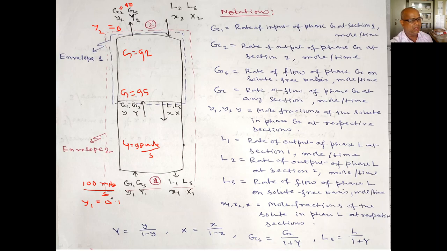So 90 moles will flow from here to here, but as the ammonia concentration and number of moles along this path are decreasing, the gas flow rate G will keep changing along the column. That's why I have taken one point anywhere where my gas flow rate is G and mole fraction is Y.